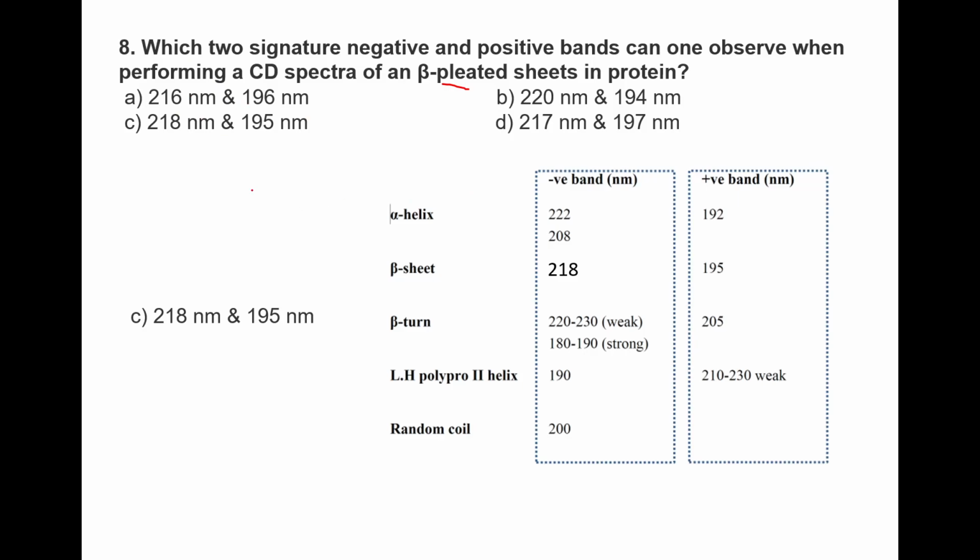This is also somewhat contradictory, but since sir also discussed it, I will write to him whether they can consider 216 nanometer and 196 nanometer as also correct, because it should be. So A and C both are correct. I will write to him. But the answer he has given is 218 nanometer and 195 nanometer.